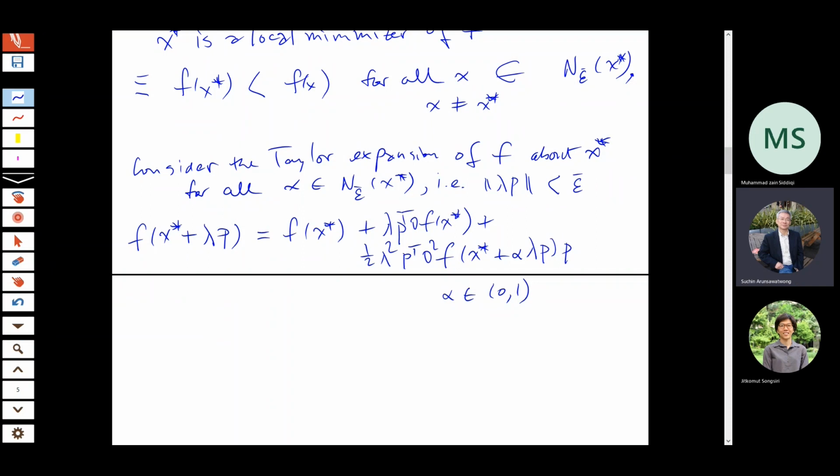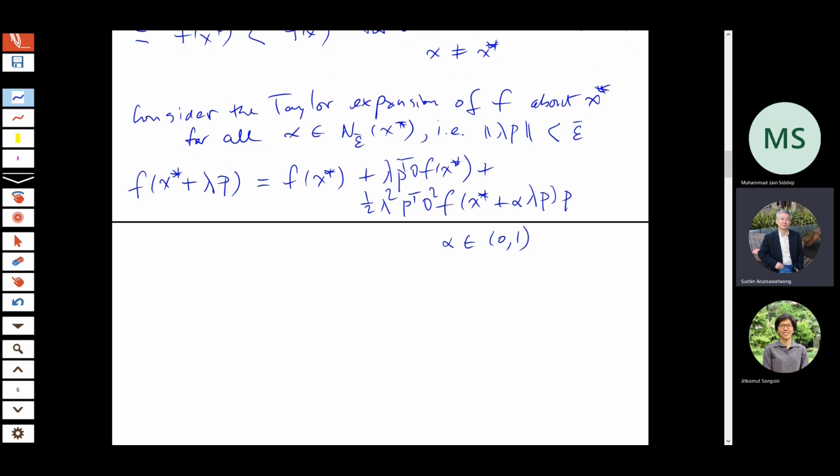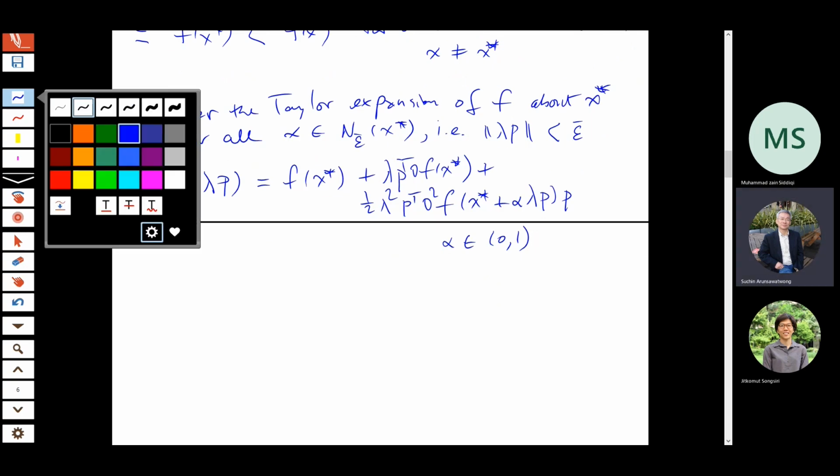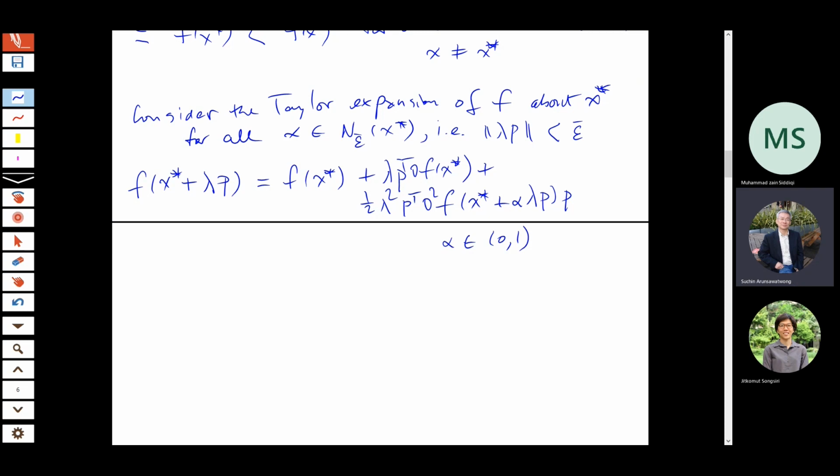Now we will use the continuity property again. You see that when the gradient... I have to be very careful, otherwise I will erase everything again.